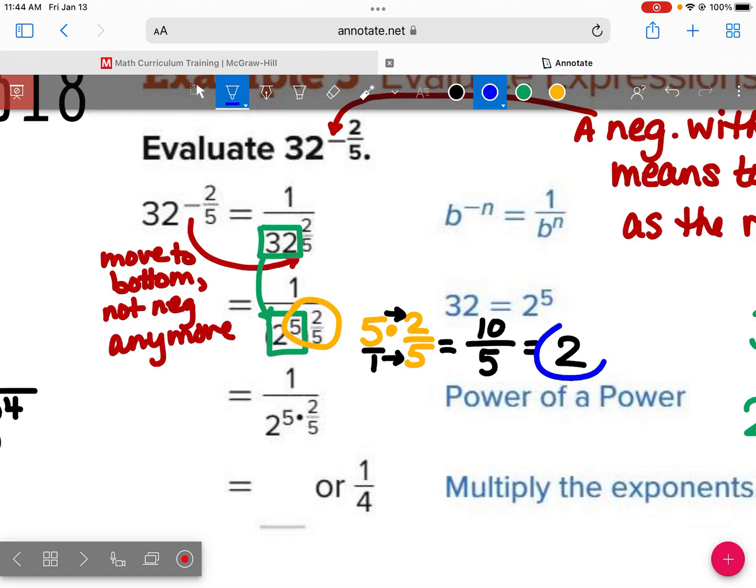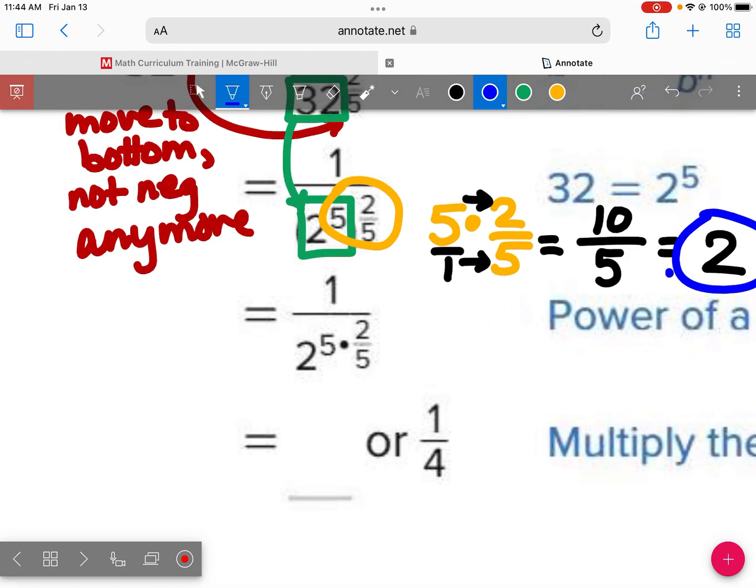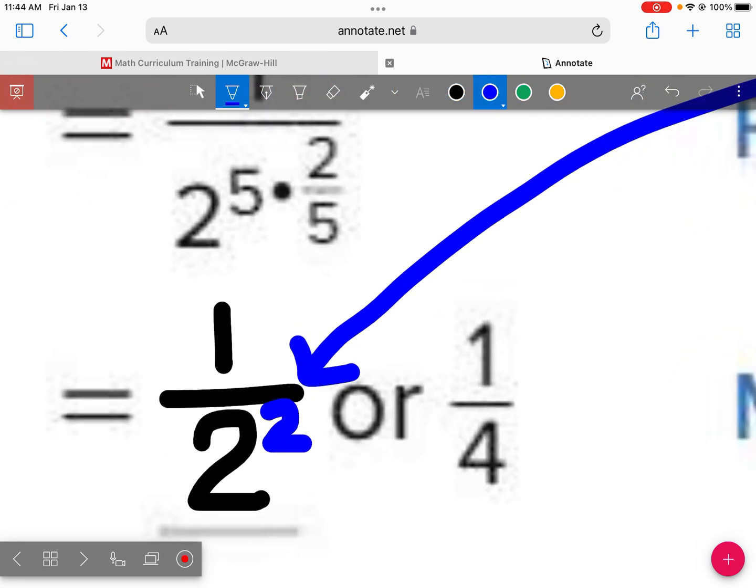So this becomes my exponent. This would be the same thing as 1 over 2 squared. That's what we did with the exponents. This 2 right here is that 2 right there. That didn't change.